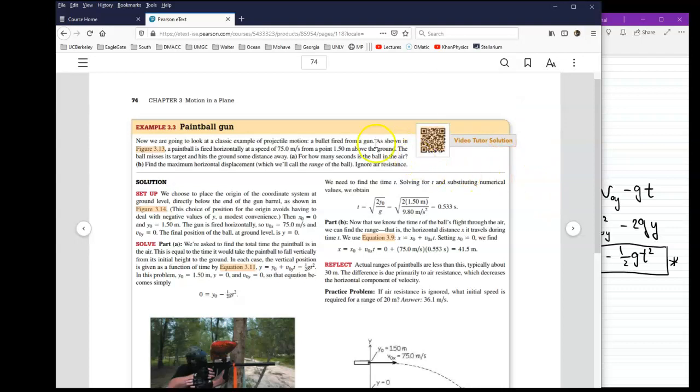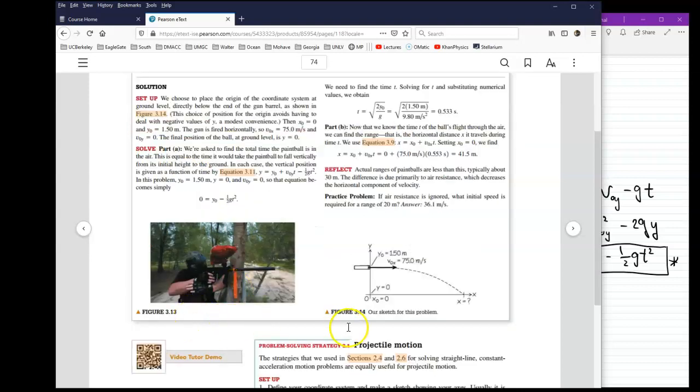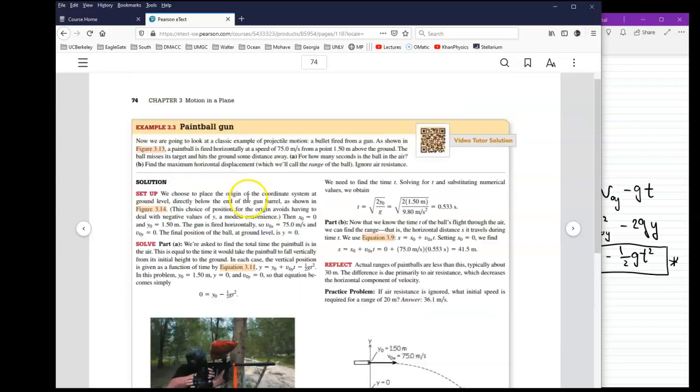So it says here, now we are going to look at a classic example of projectile motion, a bullet fired from a gun as shown in this figure 13. I'm not sure if it's a picture or, yeah, okay, the picture. All right, it says a paintball is fired horizontally at a speed of 75 meters per second from a point 1.5 meters above the ground.